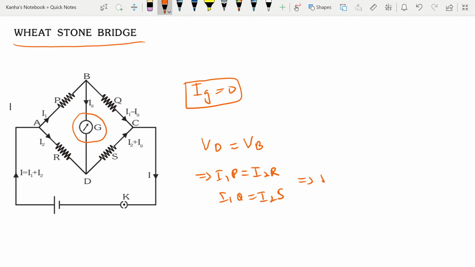That implies P by Q is equal to R by S. This is the condition for a Wheatstone bridge to be balanced.